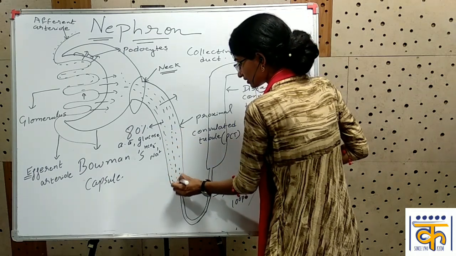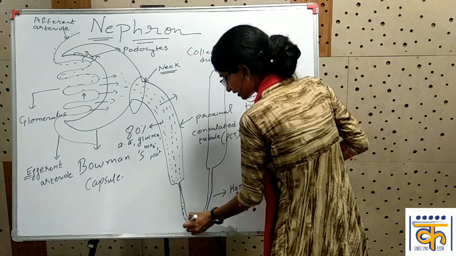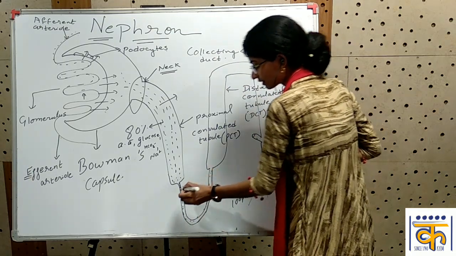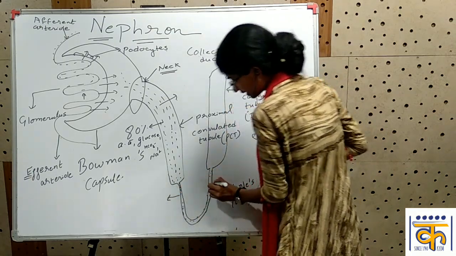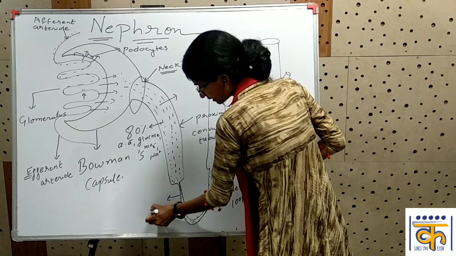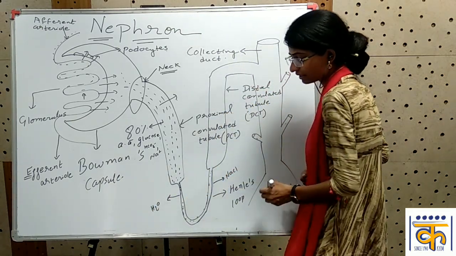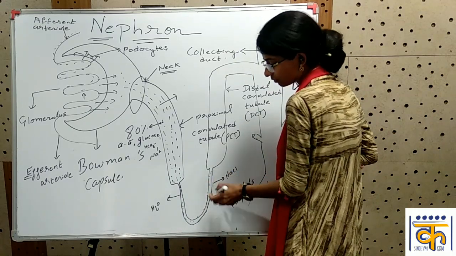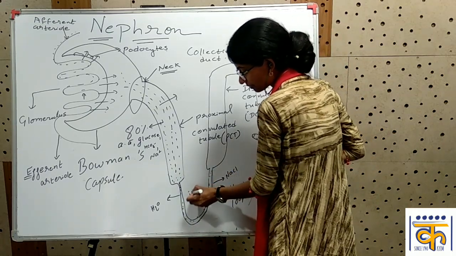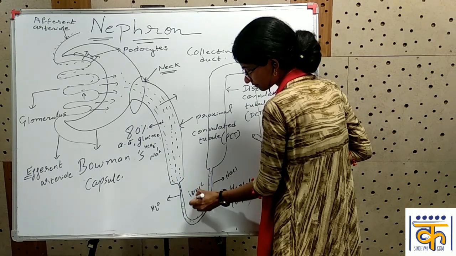After the reabsorption, it enters Henle's loop. In the Henle's loop, ionic balance is maintained, that is, here it is water permeable and here it is salt permeable. Ascending and descending loops will be maintaining basically the ionic balance of the filtrate.